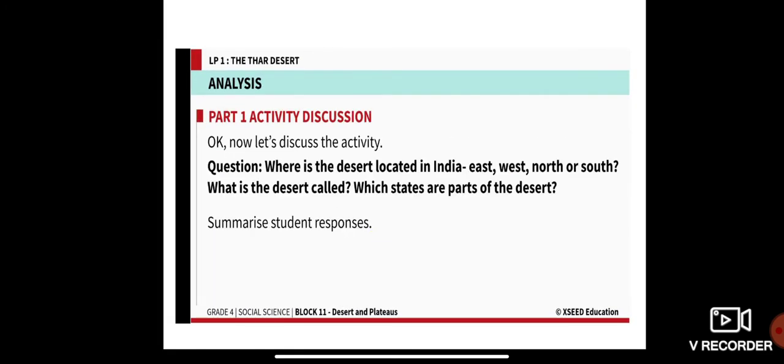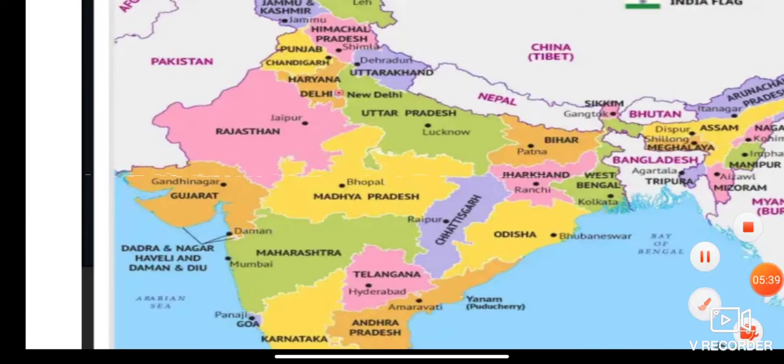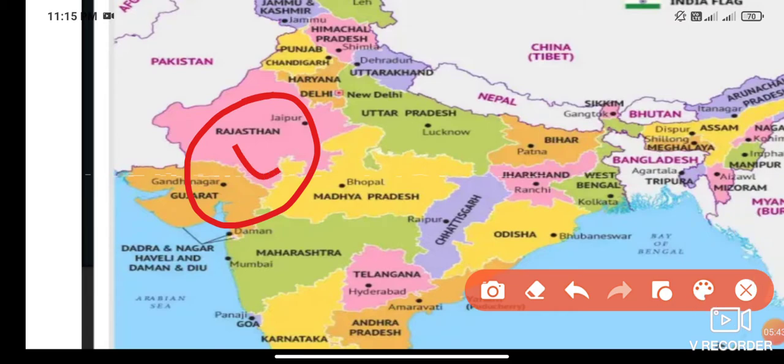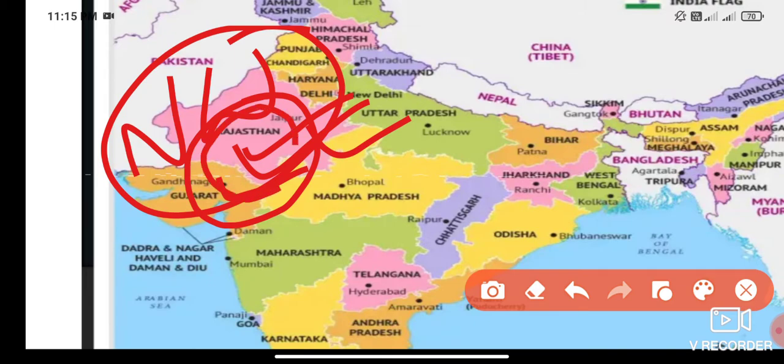So you'll see that the desert is found in Rajasthan and Gujarat, on the northwestern side of India. It stretches from Rajasthan till Gujarat.